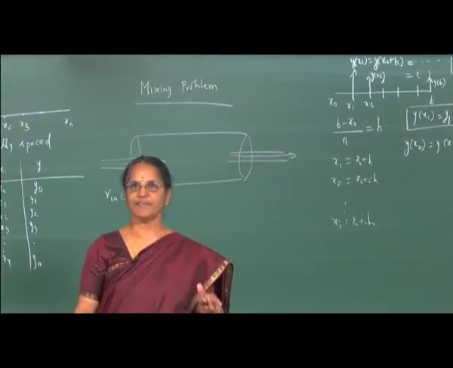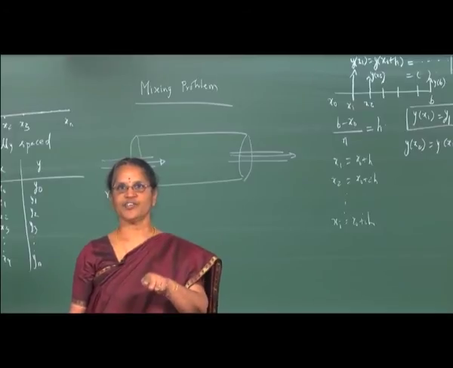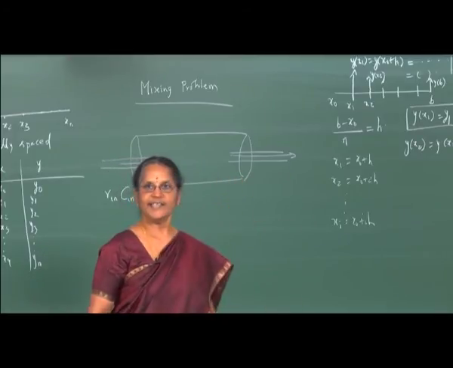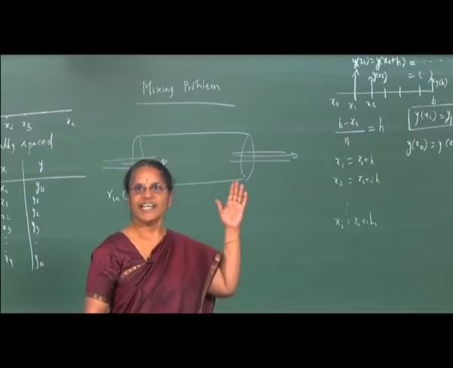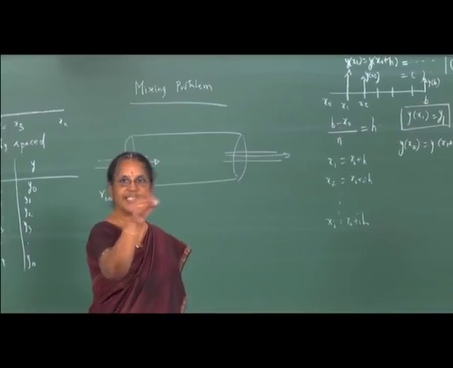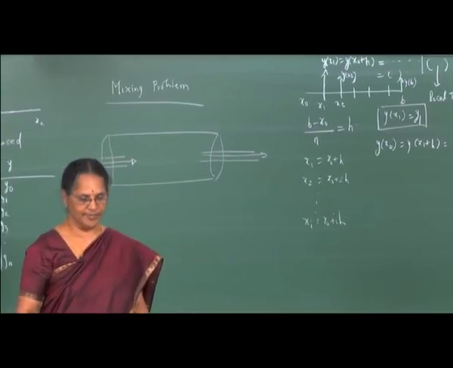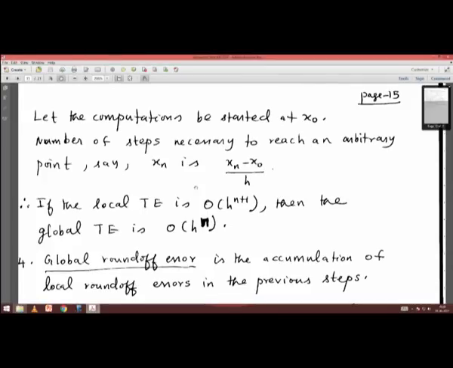So, the number of steps necessary to reach that point B is going to be, if I call it xn, B is what I have called as xn. Please look at the monitor. Then the number of steps necessary to reach this point xn, which is B, is xn minus x naught by h.